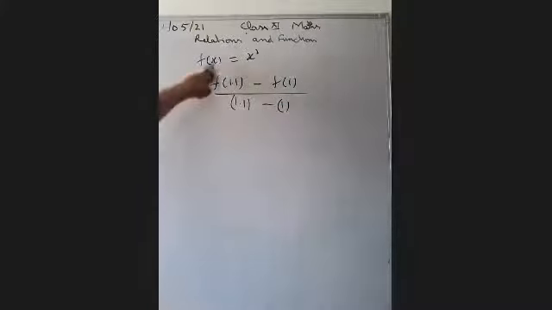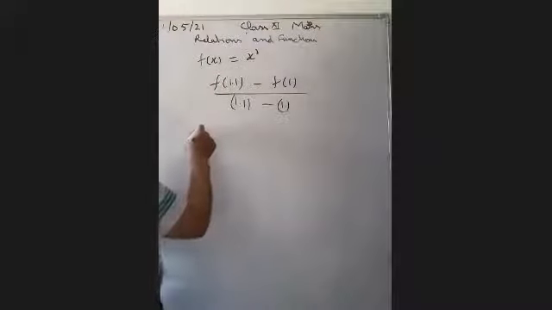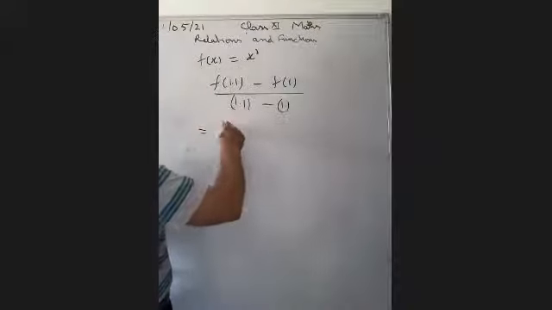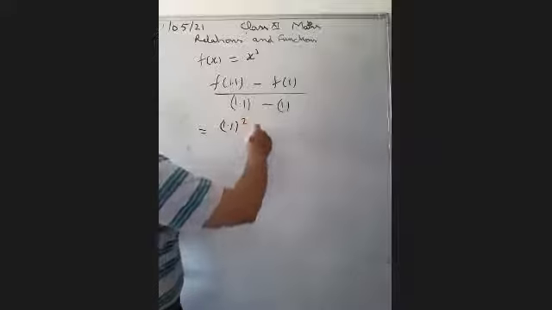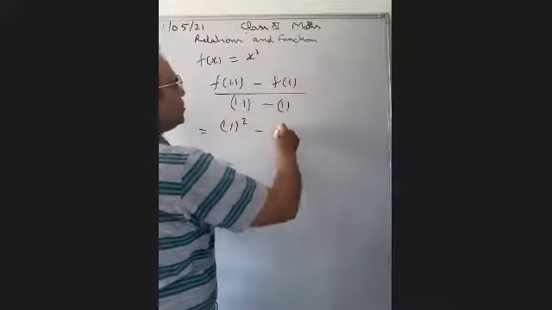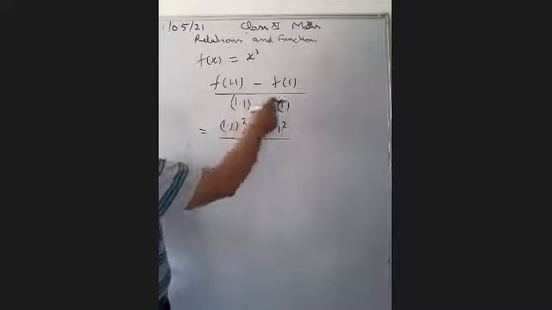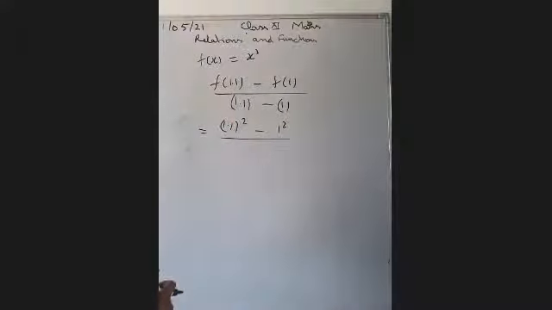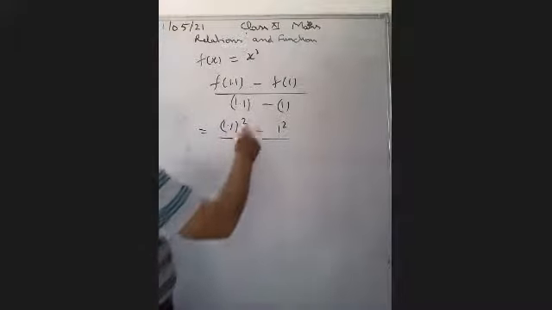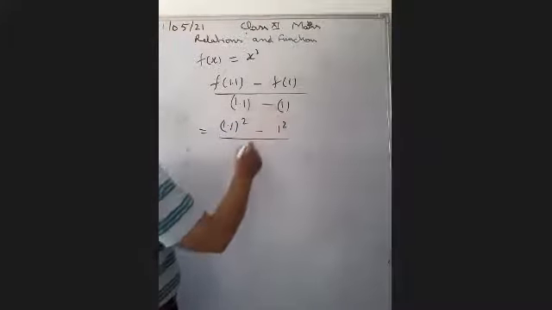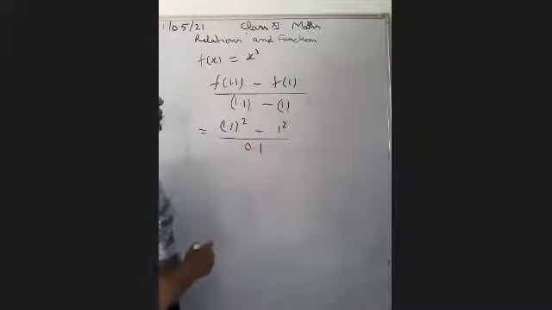If we use this function, the value of this becomes 1.1 whole square, and the value of f(1) is equal to 1 square. Here they have not given you 1.1 minus 1 as a function; this is a simple term, so we do not have to use the function. We have to only subtract 1.1 minus 1, it will be equal to 0.1.